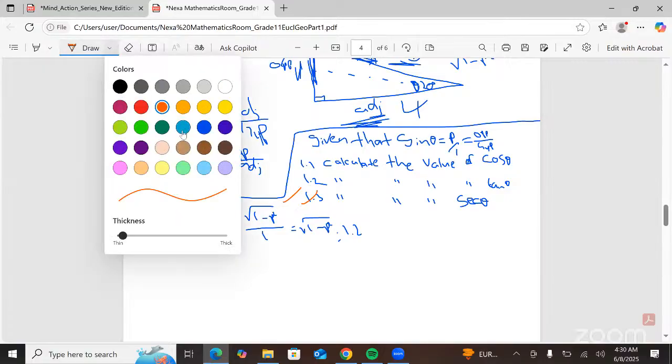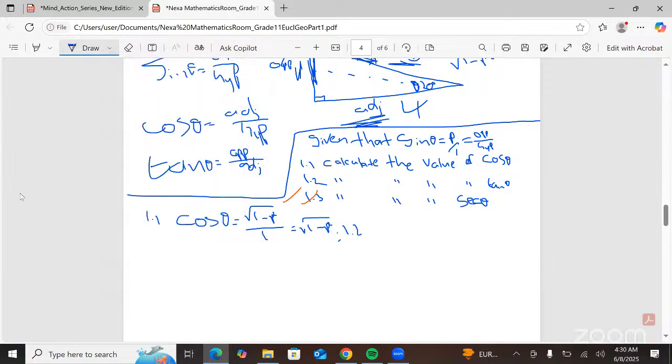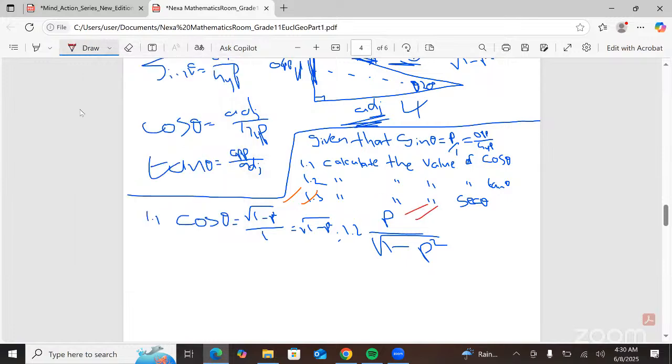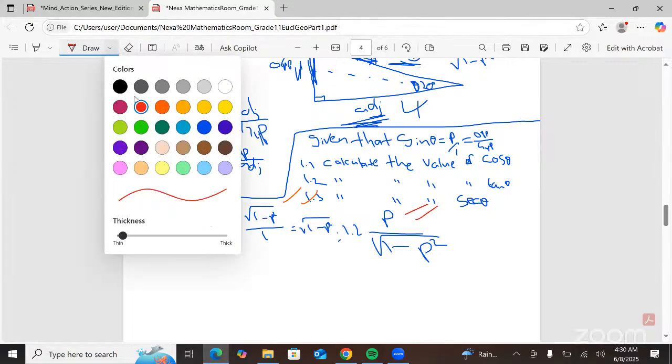Now 1.2. It's opposite over adjacent, so tan theta is going to be P over the square root of 1 minus P squared. Is this what you are saying? Oh, yes, sir. Okay, then correct. Then the last one, 1.3.